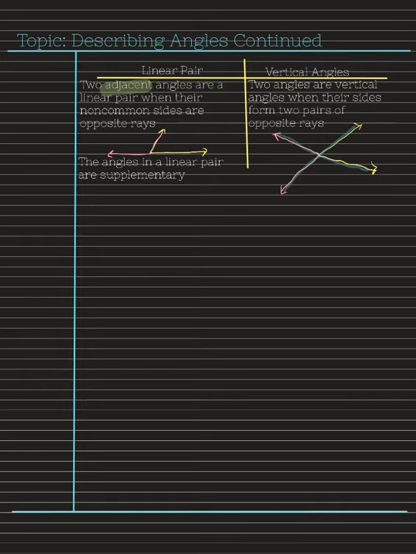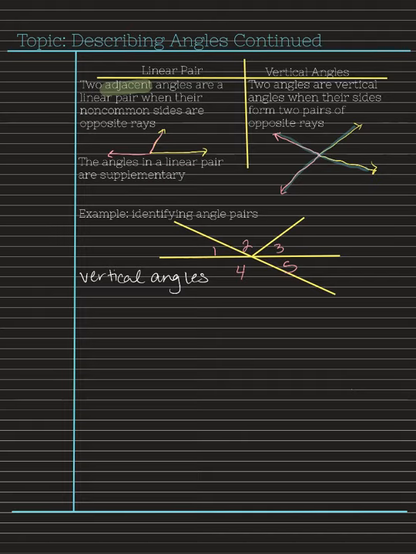All right, let's look at an example of identifying angle pairs. We're going to use this diagram right here to identify a pair of vertical angles and then a linear pair as well. So let's start with our vertical angles. I'm looking for angles where I have two pairs of opposite rays, which means they're going to form a straight line.